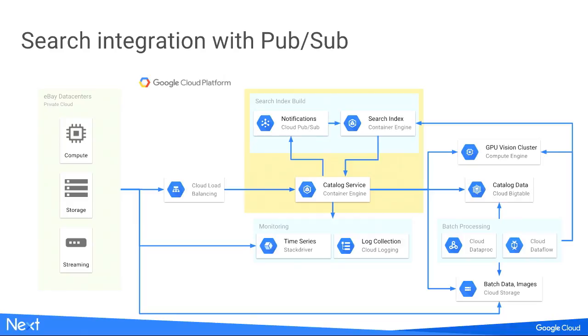But in certain cases, it just needs to know a subset of listing data, which really helps us with reducing the load against the catalog service and Bigtable. So that is pretty much how our near real-time search indexing works.